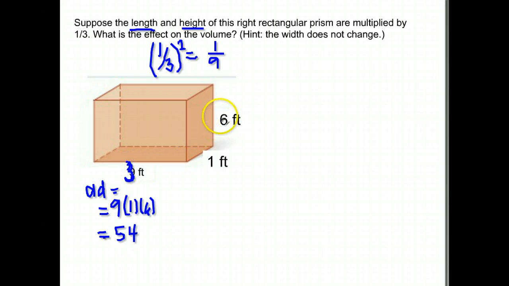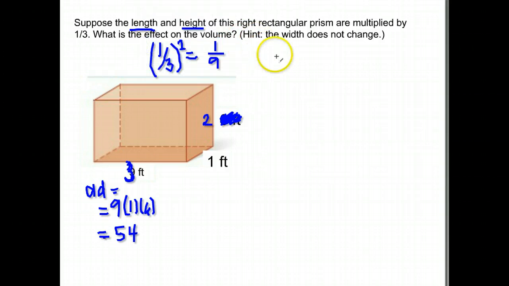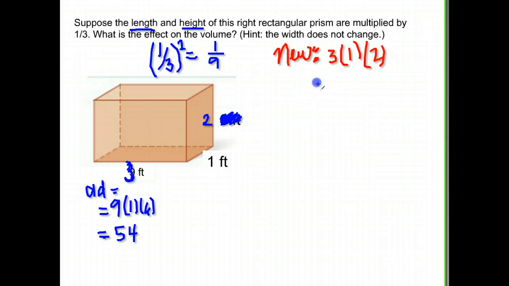And the height, 6. If we multiply that by 1/3, or divide by 3, we get 2. So the new volume would be length of 3 times width of 1 times height of 2. 3 times 1 times 2 is 6.